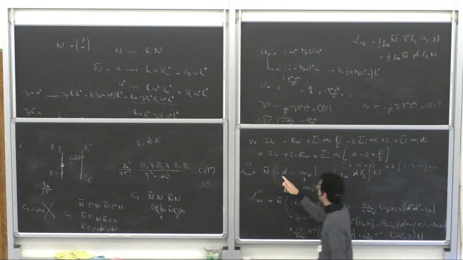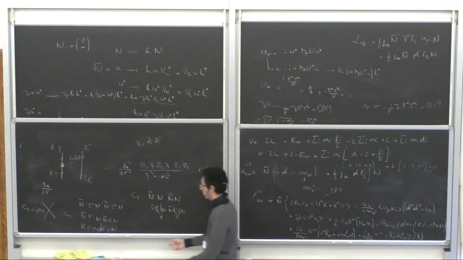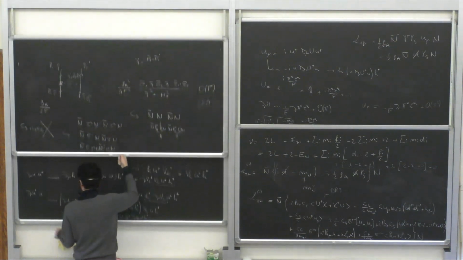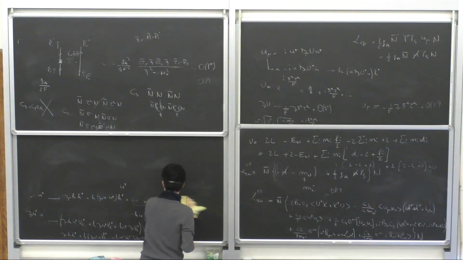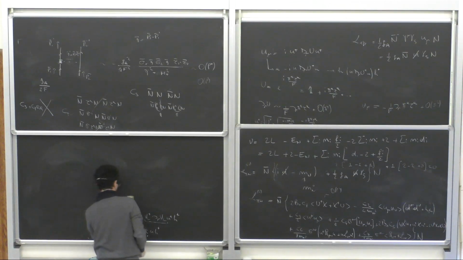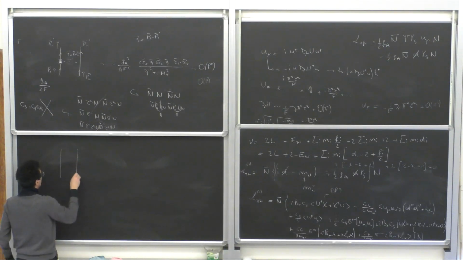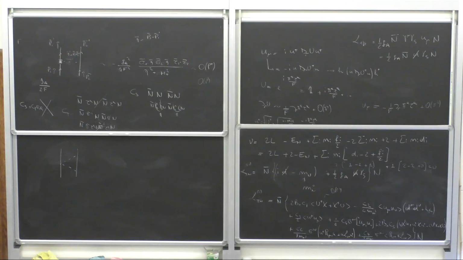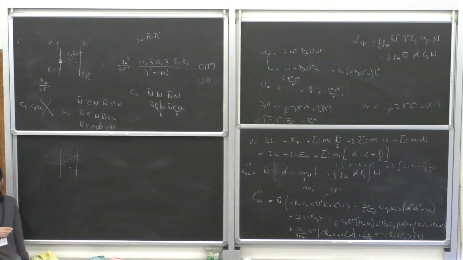It will involve one loop diagram. For example, just to use vertices that we already met, this is the Weinberg nucleon pion vertex, and this is the axial pion-pion nucleon coupling.